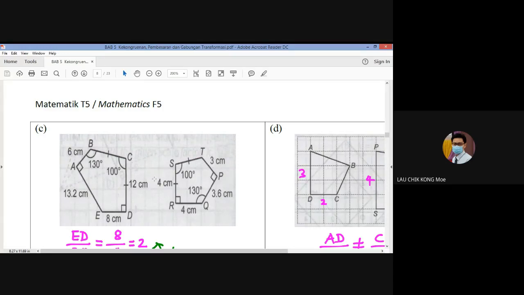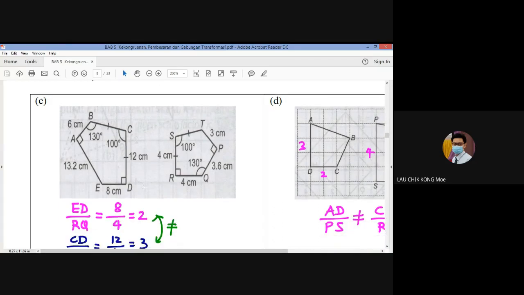So what we can do is try to find the ratio of the corresponding sides. For example, I use ED 8 centimeter, ED corresponding to RQ.